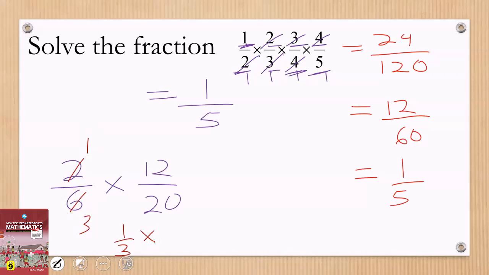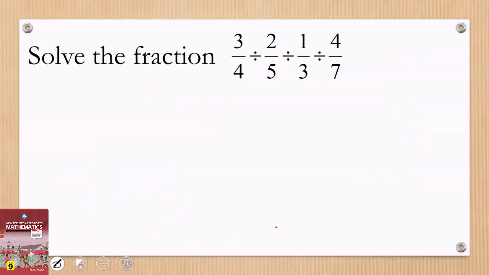Times, I can also say that 4 can divide here as 3 and 4 can divide here as 5, so that I have 3 over 5. And again, 3 can cancel 3, then I have 1 over 5. There are so many ways I can solve this question. The choice is yours.